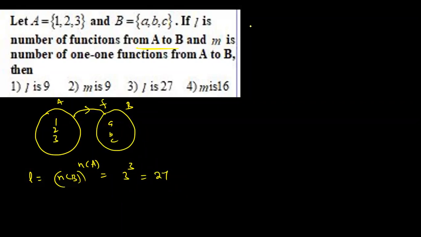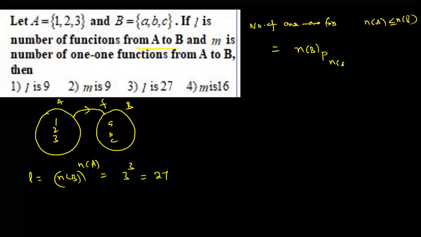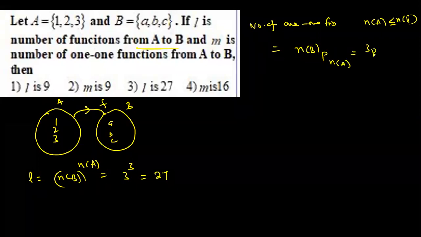Number of one-one functions. Number of one-one functions means what conditions apply? N of A must be less than or equal to N of B. Luckily the condition is satisfied. And what is the formula? N of B P N of A. So that is 3P3.